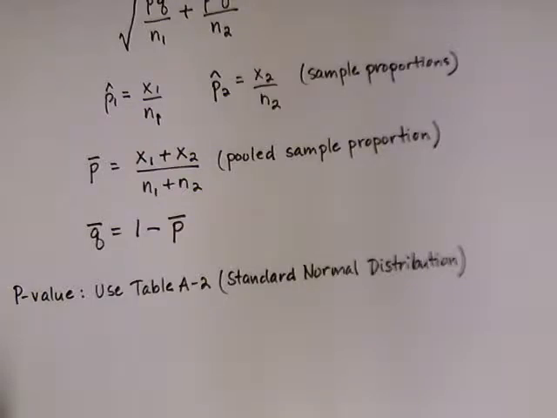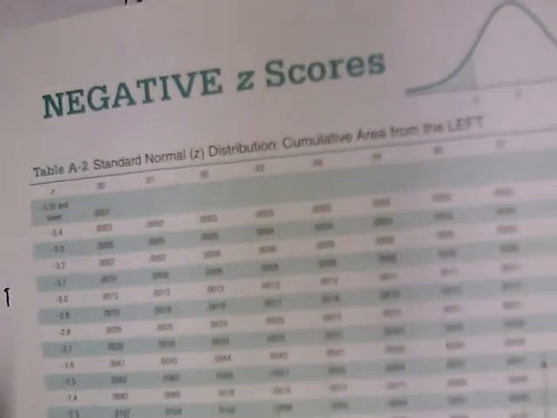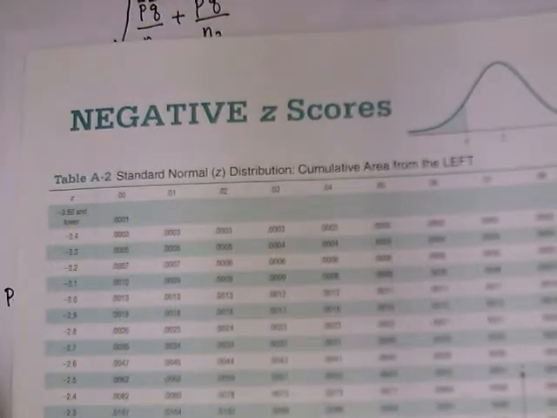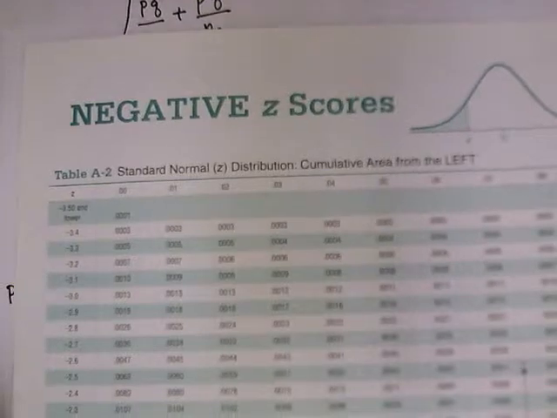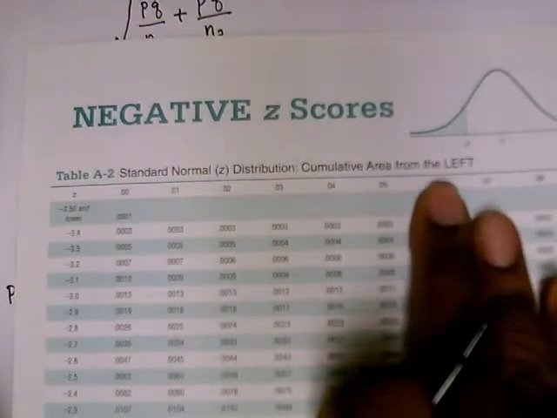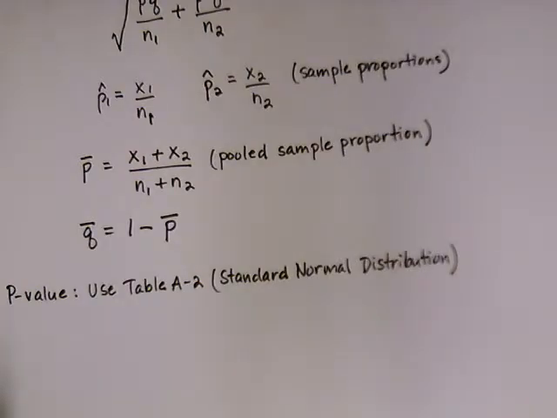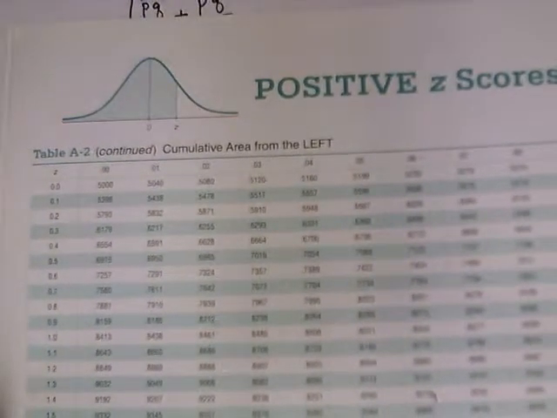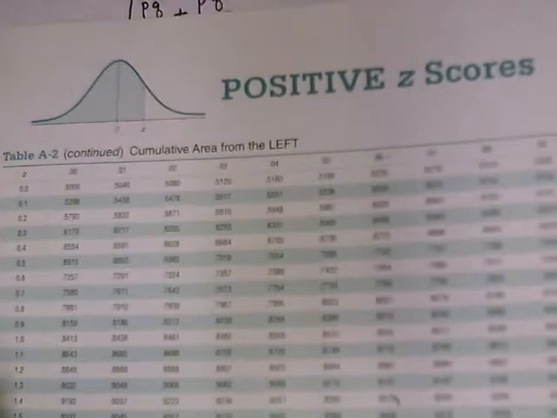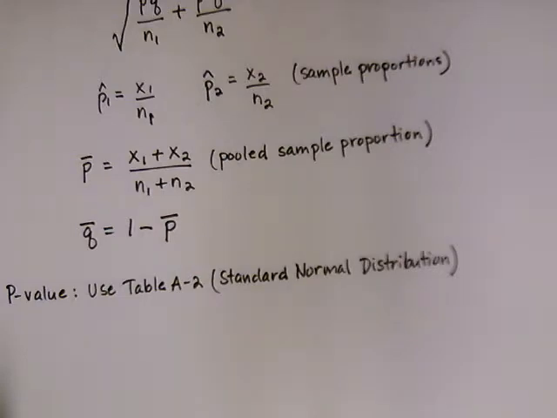Now the standard normal distribution table looks like this. This is just for negative z-scores here. And of course, if you recall from the other videos, that standard normal distribution is only used for the cumulative area from the left. Okay? And that's for negative. This one is for positive z-scores. Because we're doing a z-test statistic, so we have to use the normal distribution table in this case.